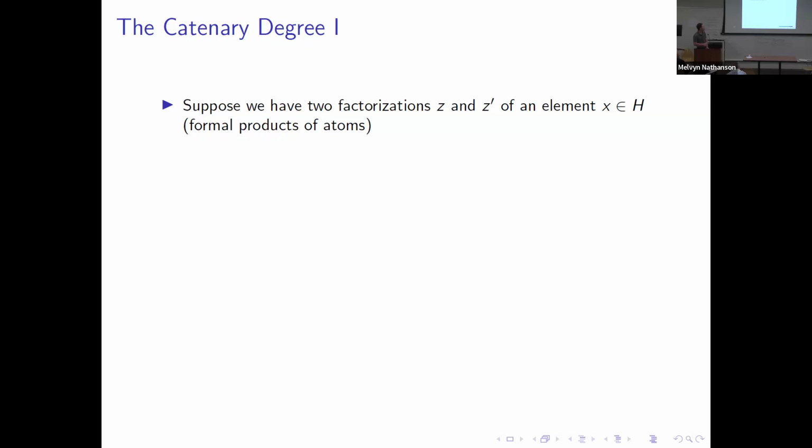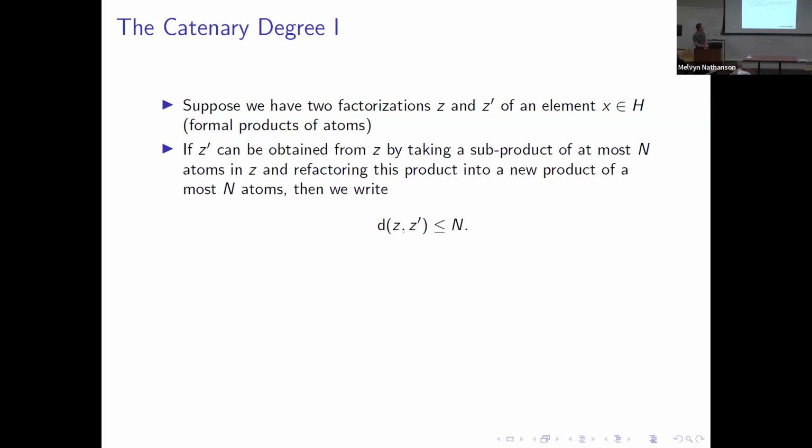And so we have two factorizations of the same element. We want to be able to transform one factorization to the other. So we start off with Z, and it's a bunch of products of atoms. We take a small subproduct of those atoms in the factorization, and we refactorize it into another small number of atoms.